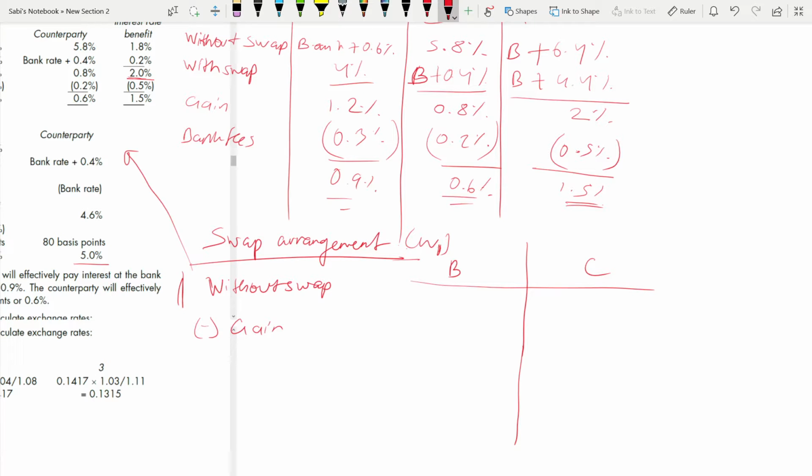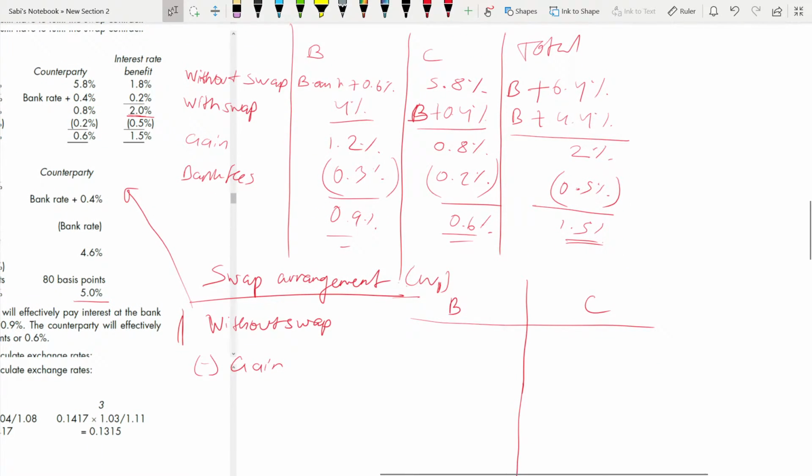Without swap, just look at the table above. It was B bank plus 0.6%, and here it was 5.8%. But for the gain, don't take the gain after bank fee. You have to take before bank fee always. So not 0.9 but 1.2% here, and here it is 0.8%. Deduct it.